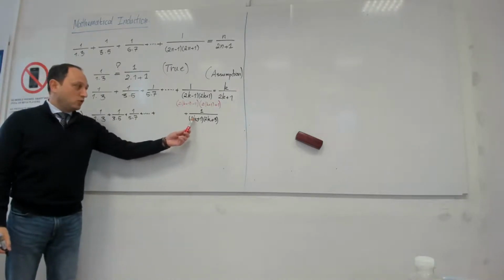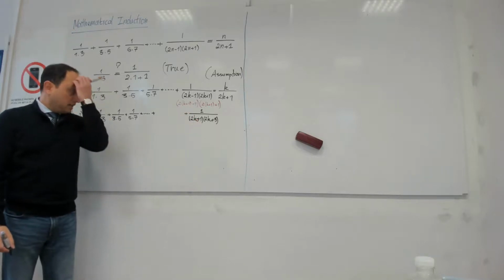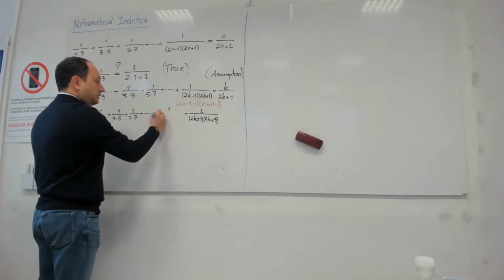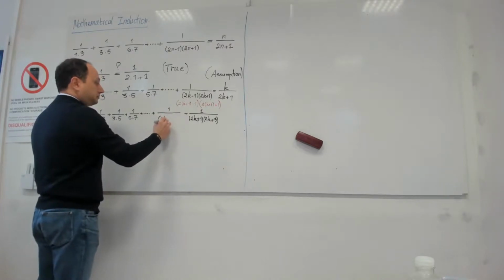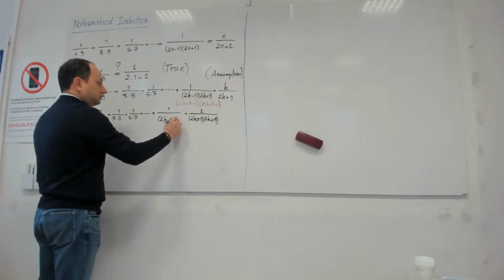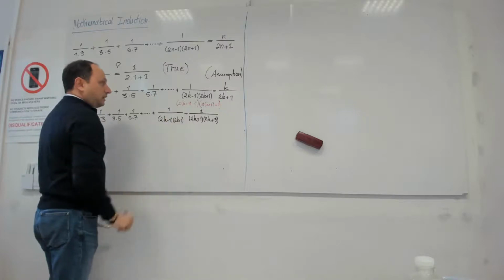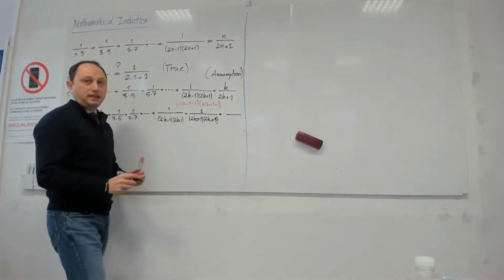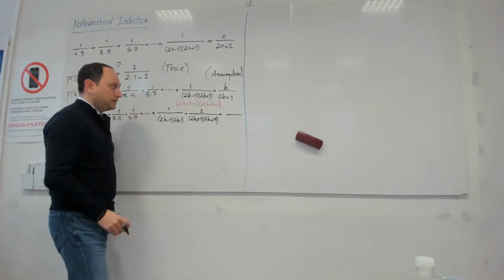And now you have experienced so far that if I write the k plus 1 step, it's always instructive to write the previous step as well. The previous step is exactly the same expression. And on the right-hand side, I have to do the same. I have to replace with k plus 1 inside the pair of brackets.